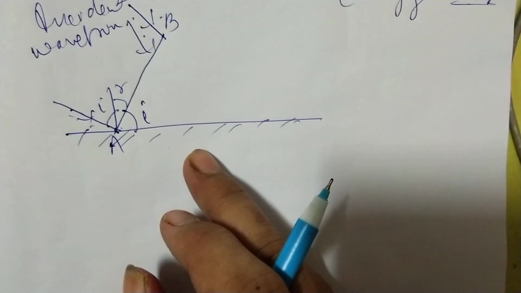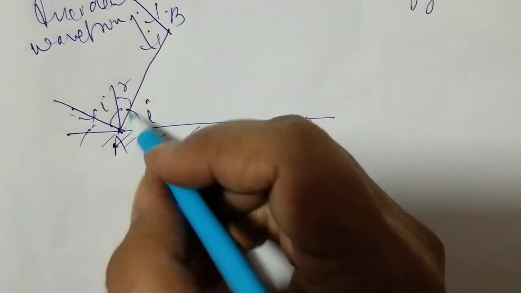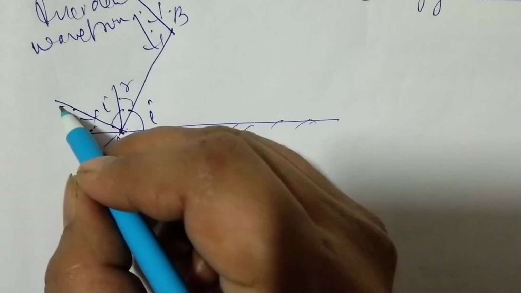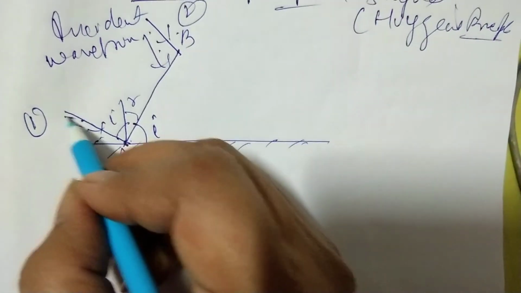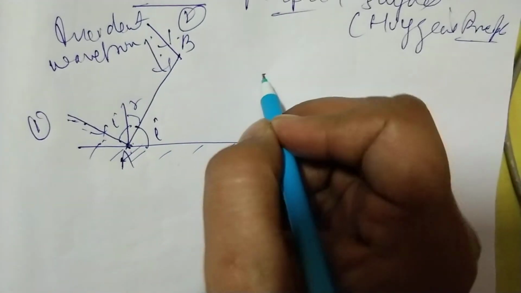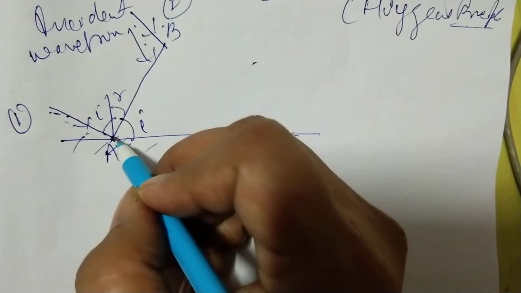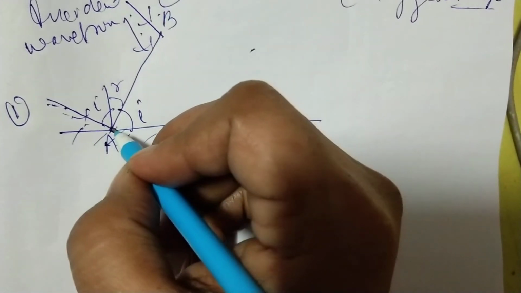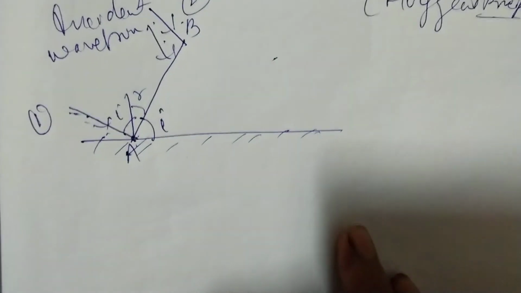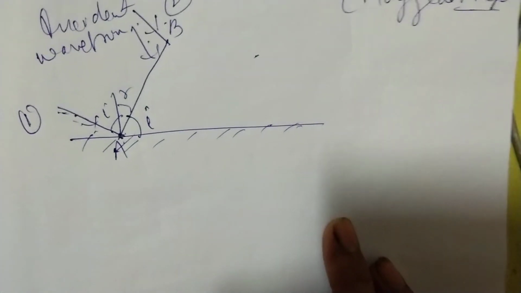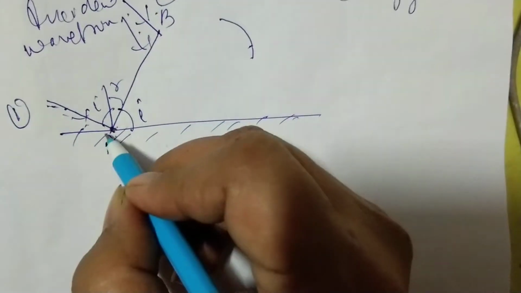Okay. Now, taking the time during which this ray, this is the first ray, this is the second ray, falls on the surface and gets reflected. As defined by Huygens, we take this as the center, and taking the velocity of light times the time as the radius, we draw an arc, that is, we are drawing a circle.